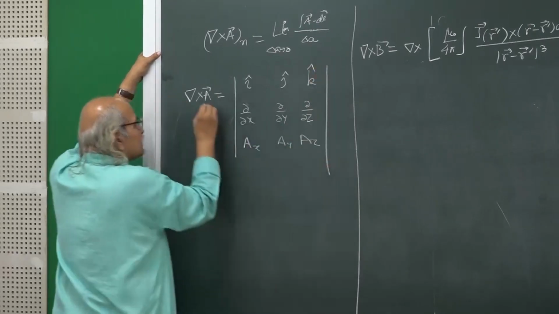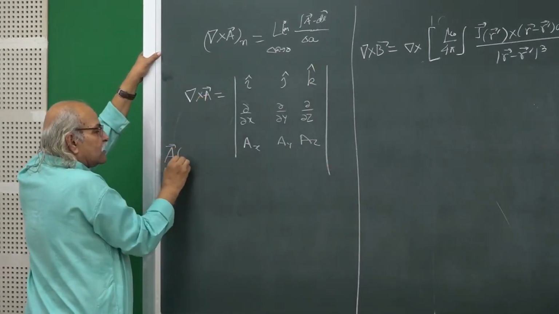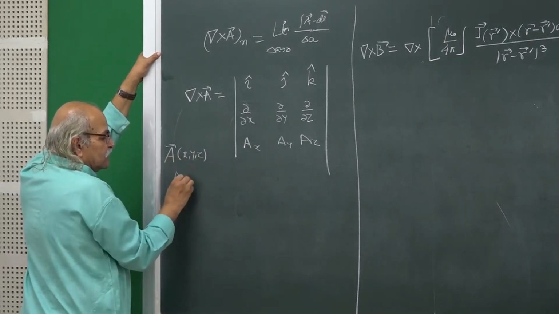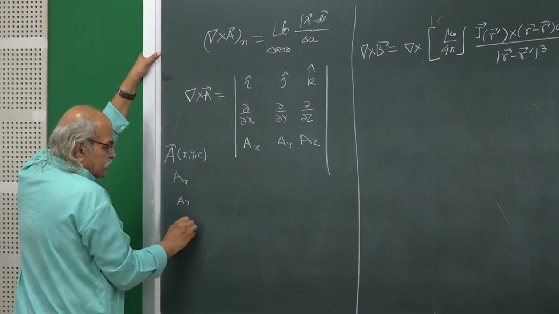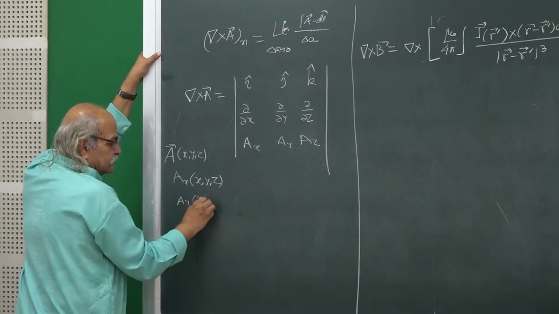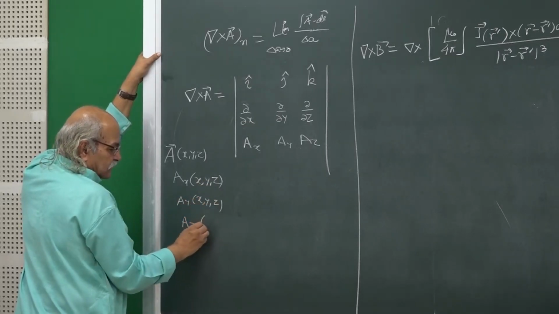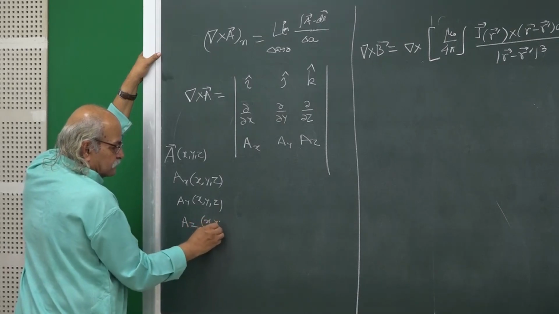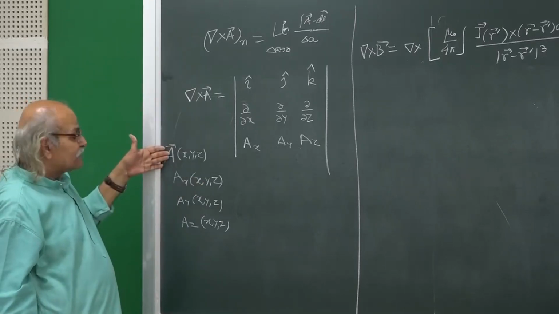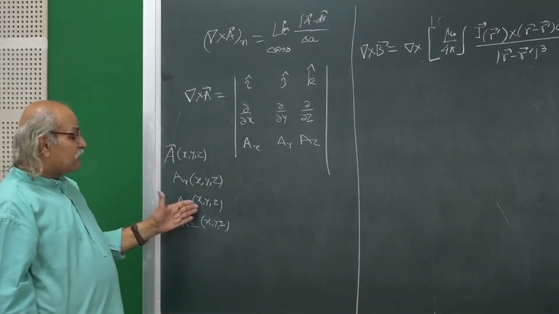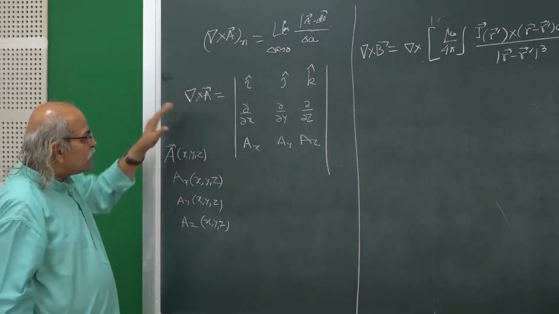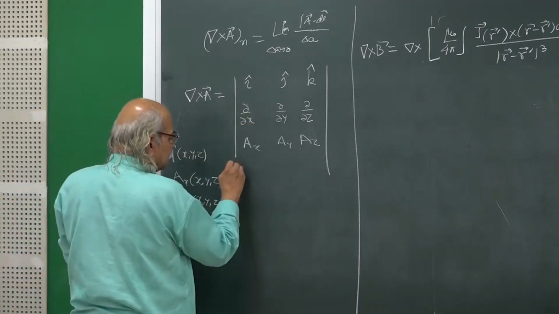So, if you know this A as a function of x, y, z, that means there are three components, Ax, Ay, and Az, and these components themselves will depend on which point you are calculating this. So, they will be functions of x, y, z. Ax will be a function of which point you are looking for this A. Ay will be a function of x, y, z. Az will be a function of x, y, z.